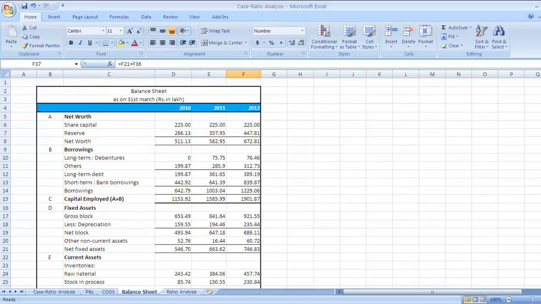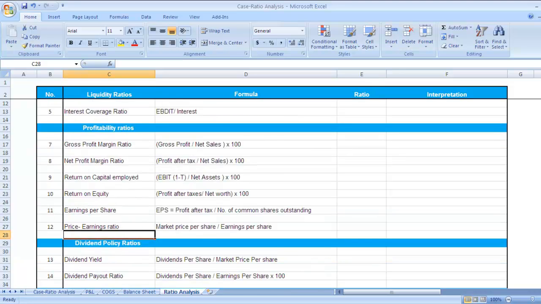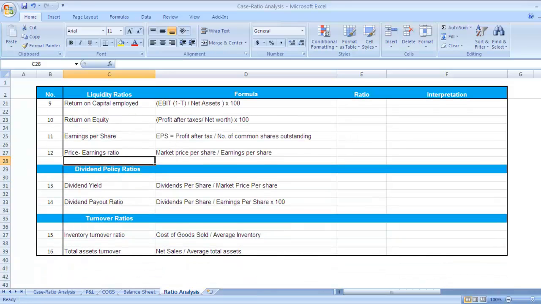With this data, let's check different ratios for this company and see whether the company is an investable opportunity or not. In this ratio analysis sheet, we can see different ratios like liquidity ratios, financial leverage ratios, profitability ratios, and dividend policy ratios.